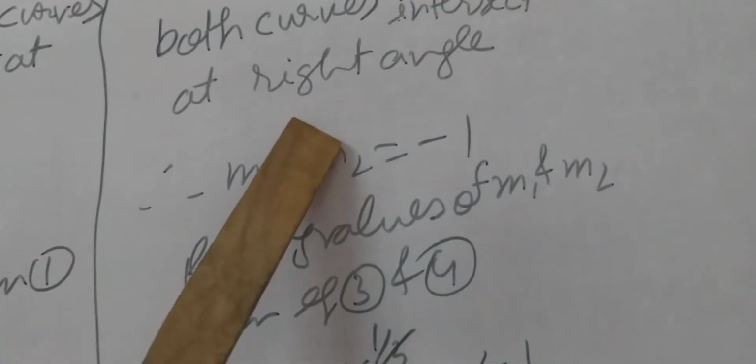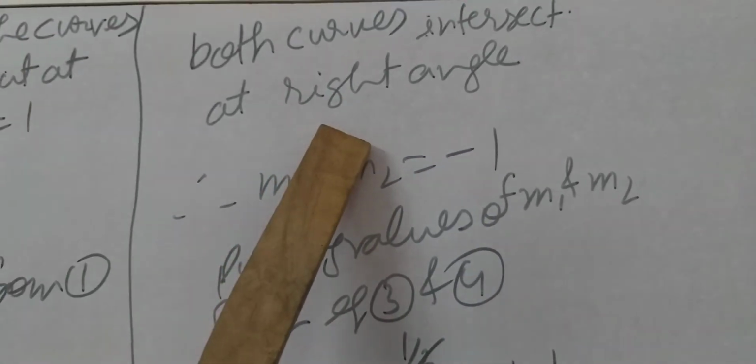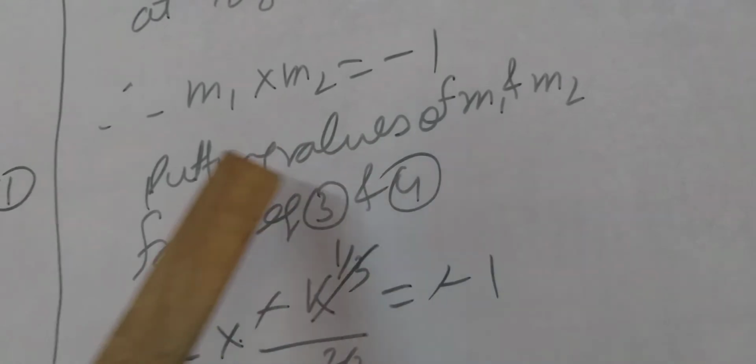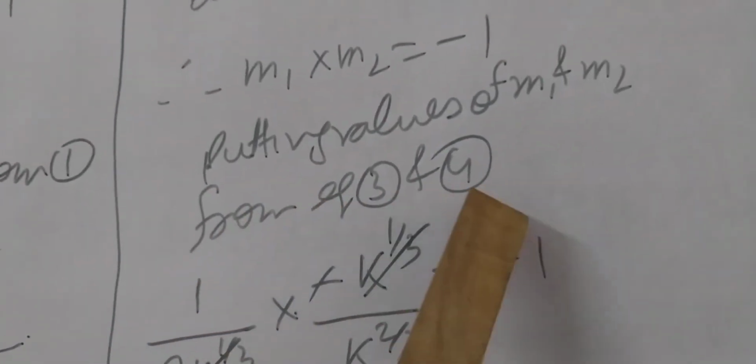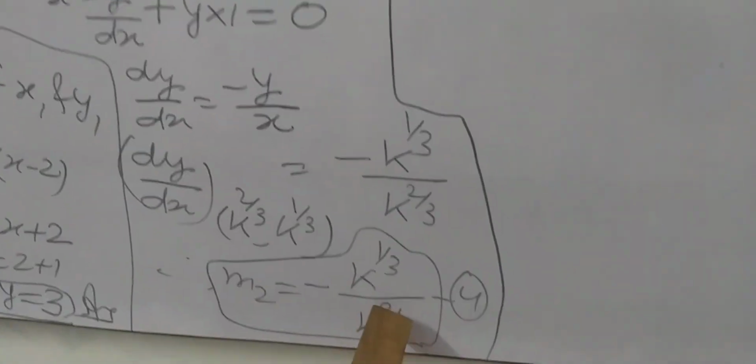So now student, it is given to us that both curves intersect each other at right angles. So it means both tangents will also intersect at right angles. So m1 into m2 equals minus 1. So putting the values of m1 and m2 from equation number 3 and 4. This is equation number 3, this is equation number 4, student.